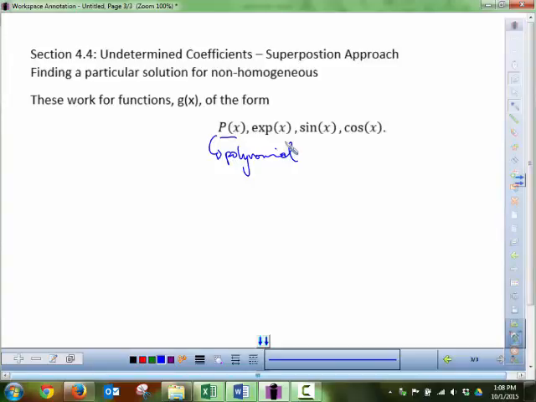Alpha can be anything. Or a sine or a cosine function. Now these things can have coefficients too. Sine of 2x, sine of negative 3x, or whatever.